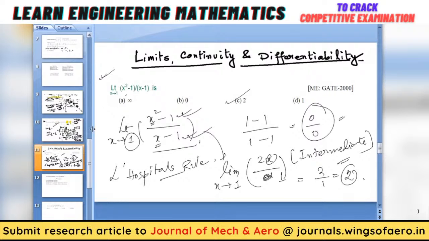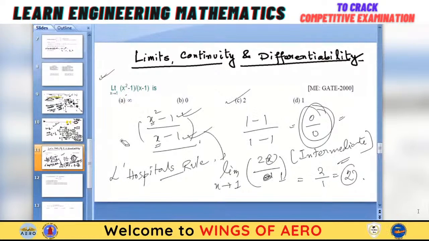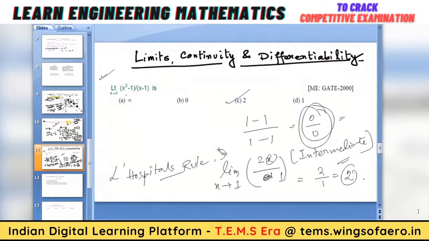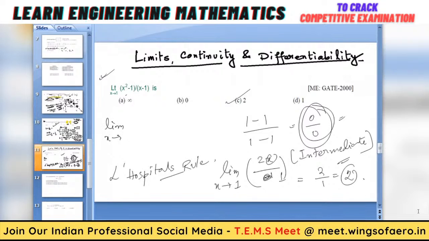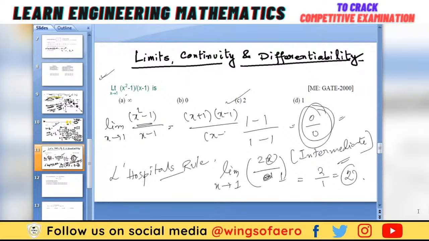Another way is there to find the limit. In any case, if you can remove this intermediate form, then it also gives you the answer. Look at this, limit x tends to 1, x square minus 1 by x minus 1. X square minus 1 means x plus 1 into x minus 1, divided by x minus 1.